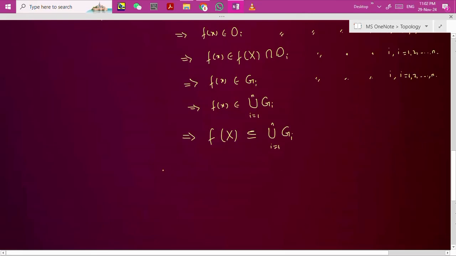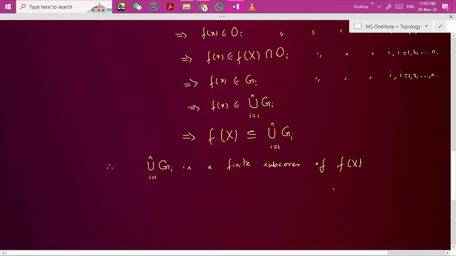So it means that the union of gi, I from 1 to n, is a finite subcover of f(X).